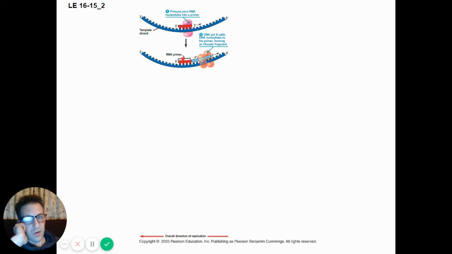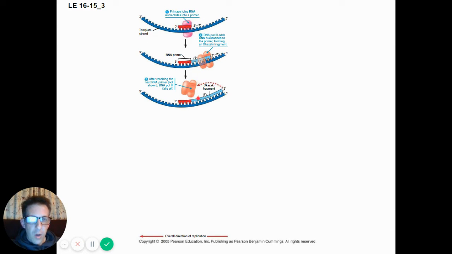This RNA primer has already been laid down, and what it did is it allowed this peach-colored DNA polymerase to attach to it. What we see in this picture has already happened is that DNA polymerase has already got to work. It's already done some laying down of the DNA track. Once it runs out of room, and it does here, it falls off.